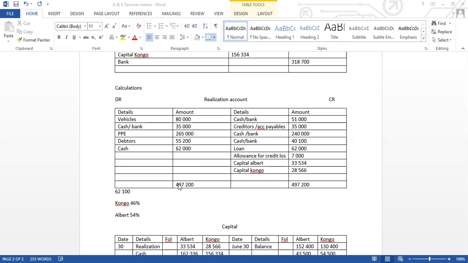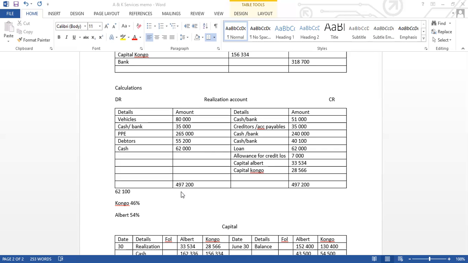So the debit side amounted to 497,200. If you can just do it: 80,000 plus 35,000 plus 265,000 plus 55,200 plus 62,000. Then it will give us 497,200.